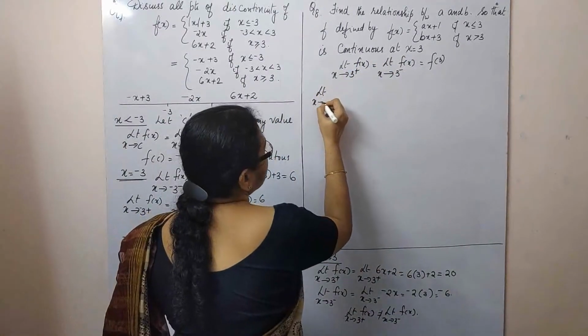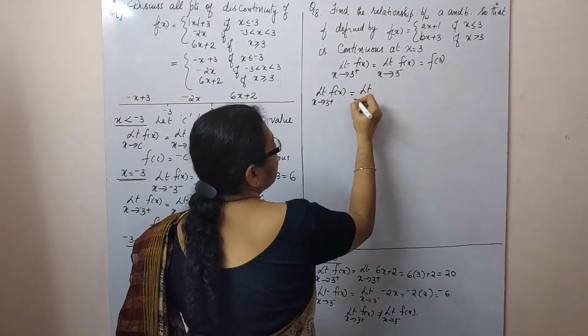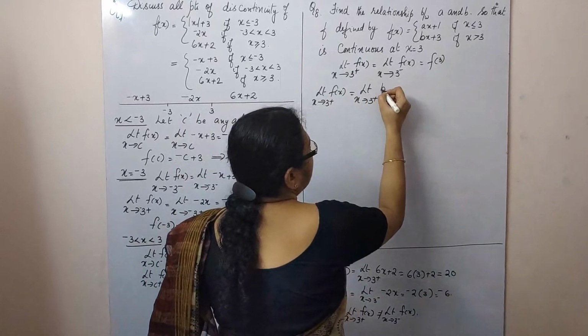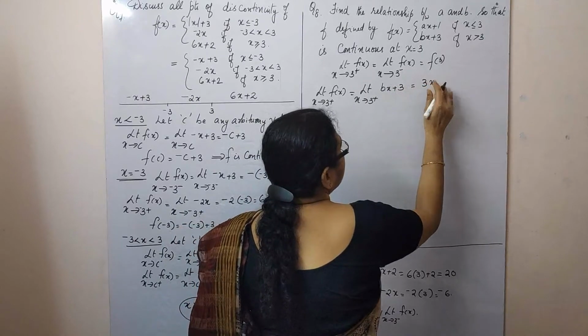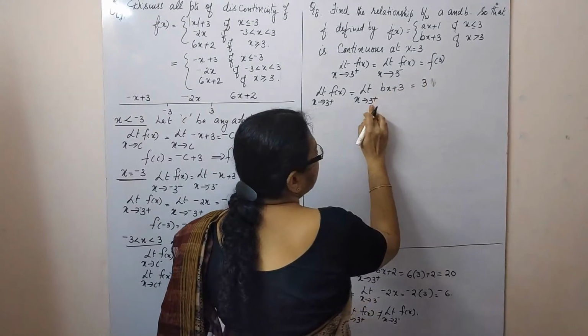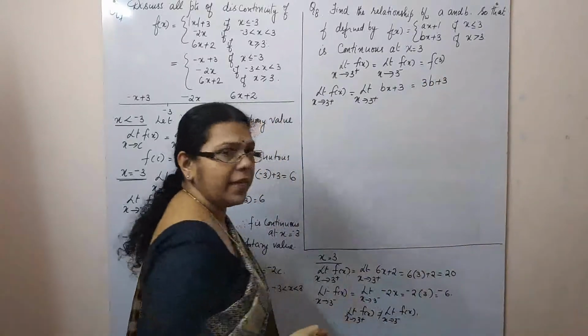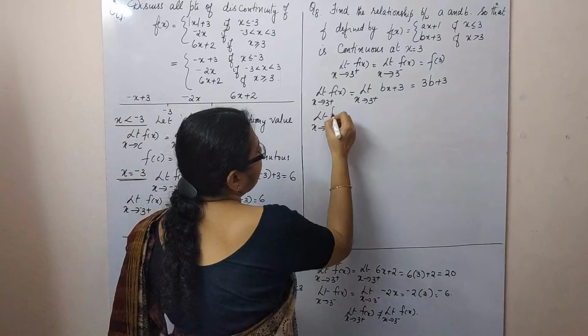Let's see. Limit x tends to 3 plus f of x. What is the value? Limit x tends to 3 plus, 3 plus means what? Greater than 3. bx plus 3, and x value is going to be 3. 3b plus 3, right? 3b plus 3. Limit x tends to 3 minus f of x.